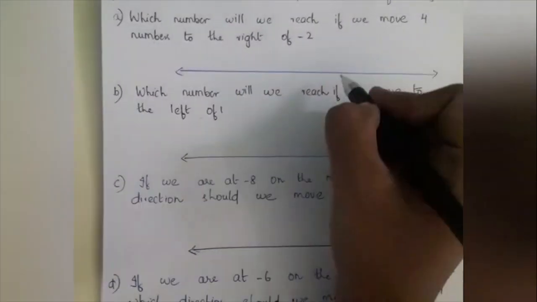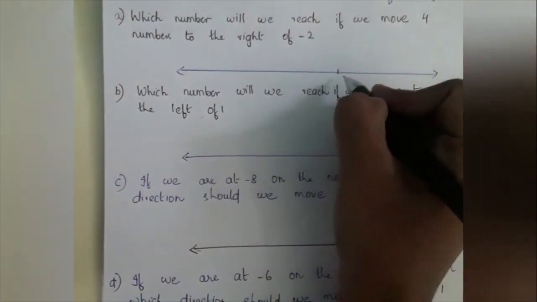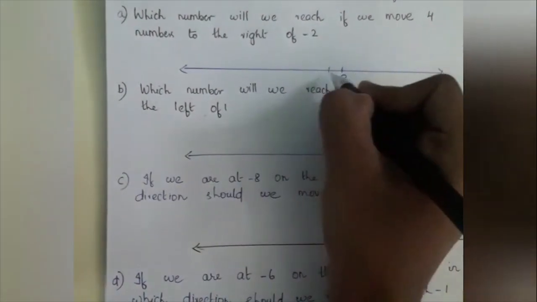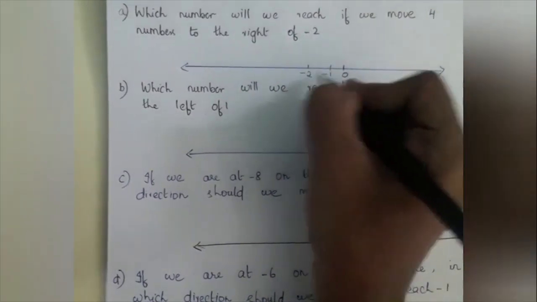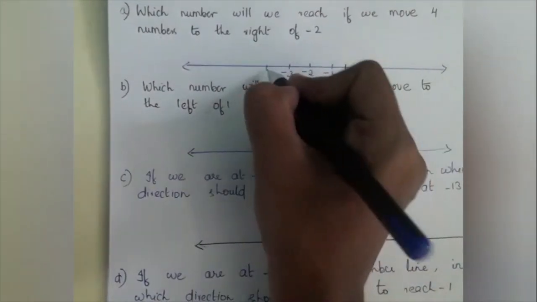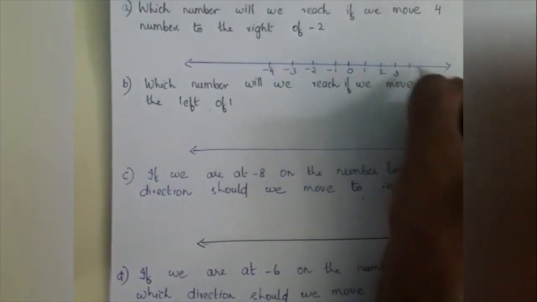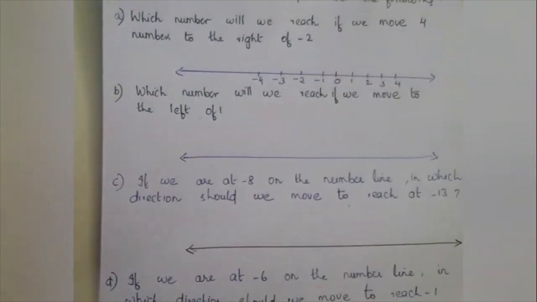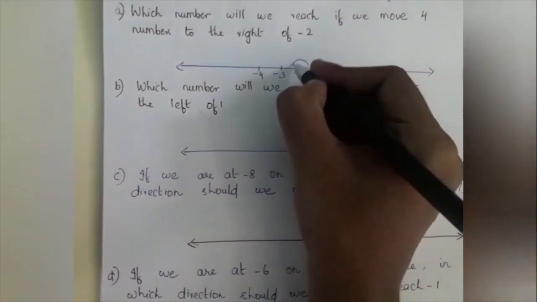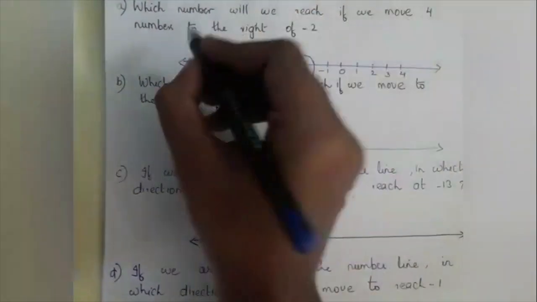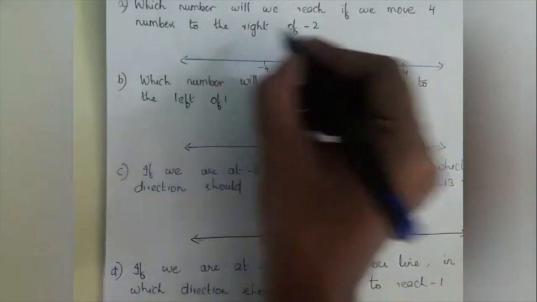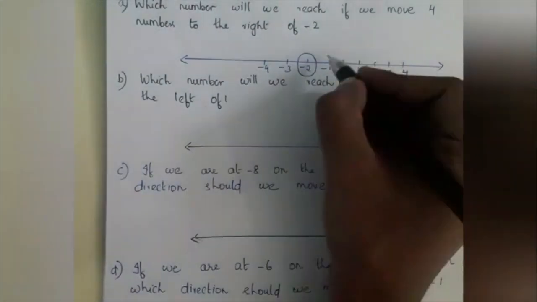Okay, so for that you are drawing the number line: 0, minus 1, minus 2, minus 3, minus 4, 1, 2, 3, 4. I think this much is enough. So this is negative 2. You have to move 4 numbers to the right side. Right means to this side.